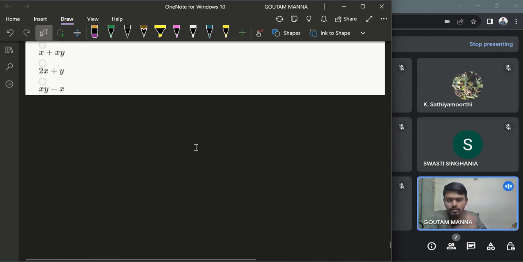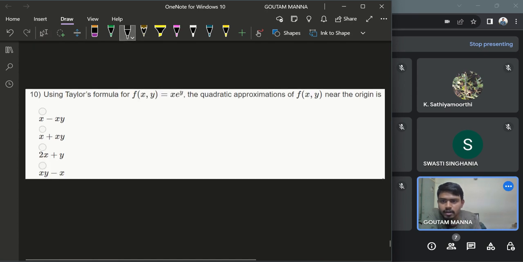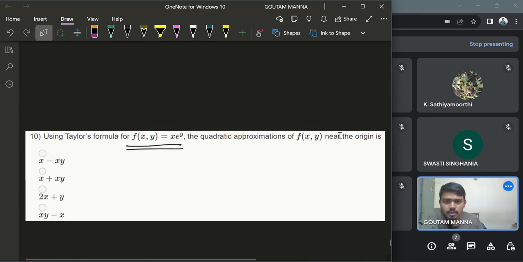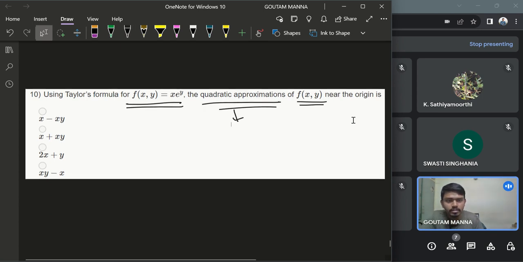Now the last problem is, we are given a function f of xy, which is x times e to the power y, and we are asked to find the quadratic approximation of f of xy. So quadratic means we have to use the partial derivatives of the second order near the origin, meaning near the point (0, 0).